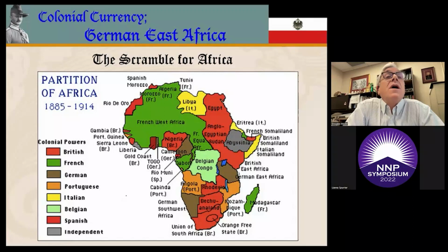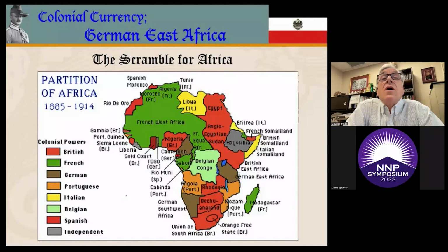In 1884, at the request of Portugal, German Chancellor Otto von Bismarck called together the major European powers to discuss control of Africa. The idea was to limit the possibility of a major European war by creating spheres of influence in Africa as the competing nations carved out their colonial claims. 14 countries were represented at the conference on November 15th, 1884.